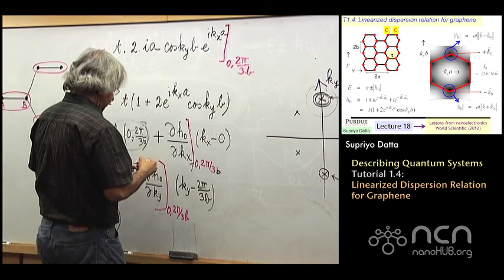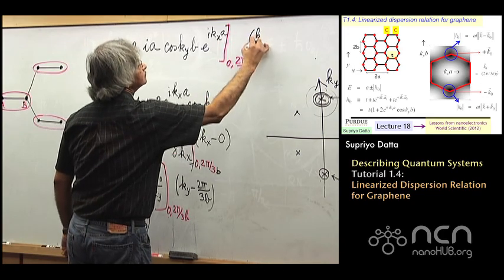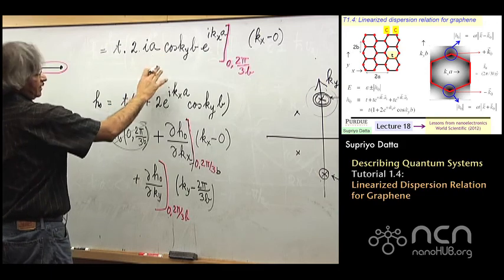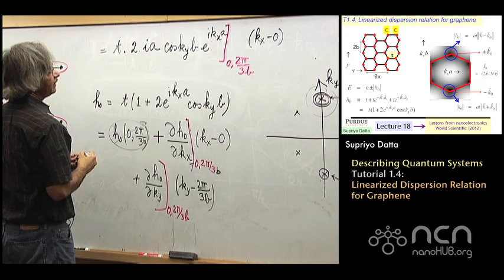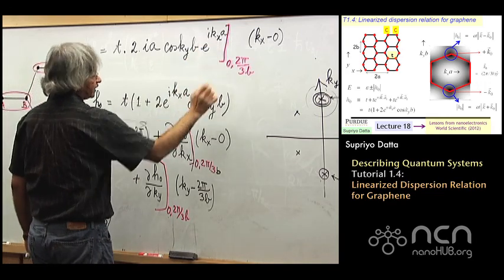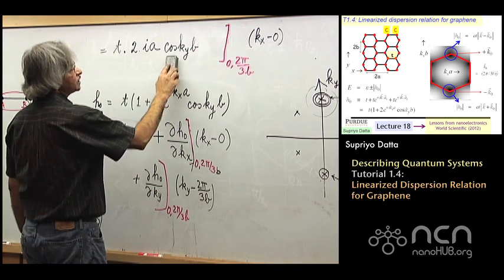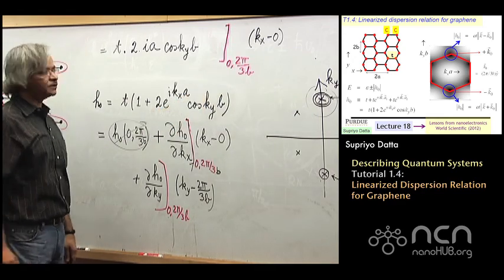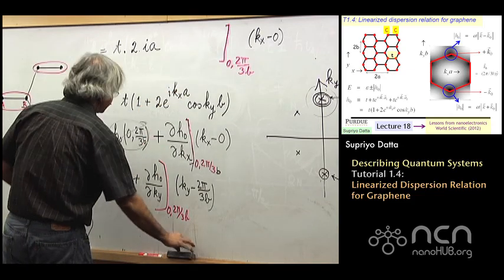And then the whole thing, of course, multiplies kx minus 0, kx basically. So I can simplify this. I'll come to the second term in a minute, but I can simplify this because if I put in those values, e to the power i kxa, well, kx is 0, so that just drops out. And cosine Kyb is cosine of 2 pi over 3, which is minus a half. So instead of this, I could just put minus a half.